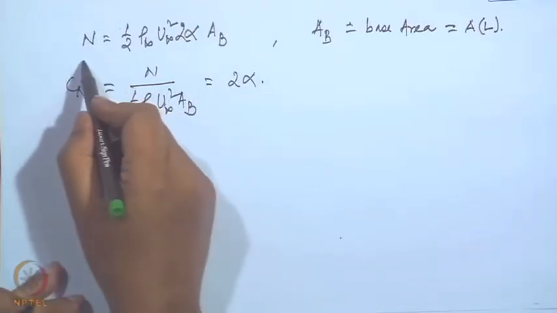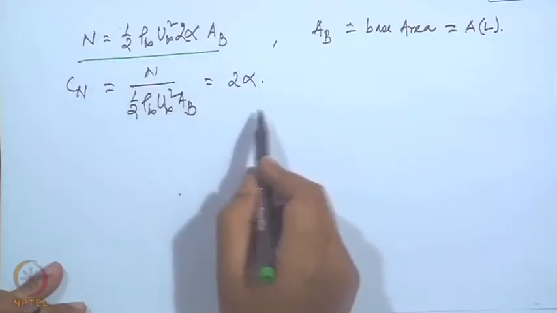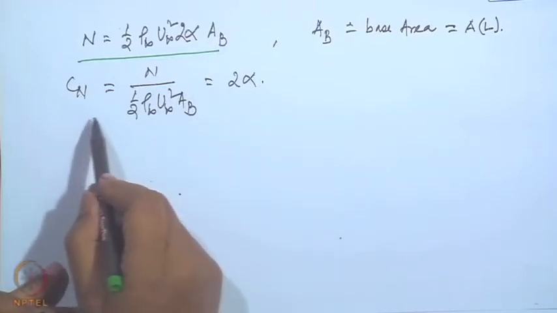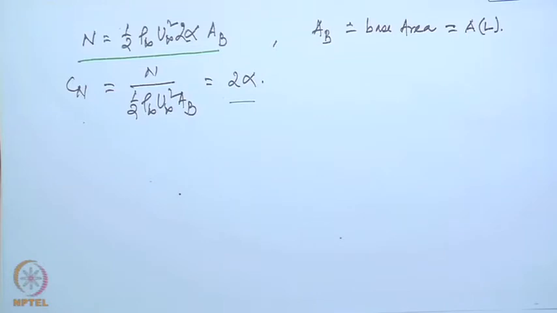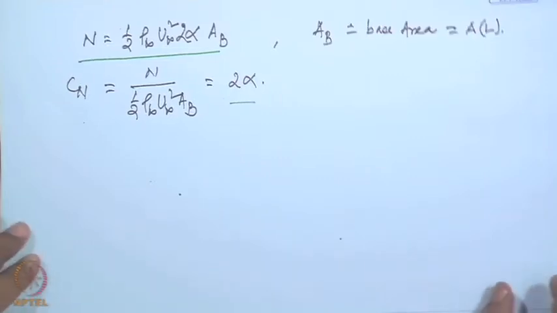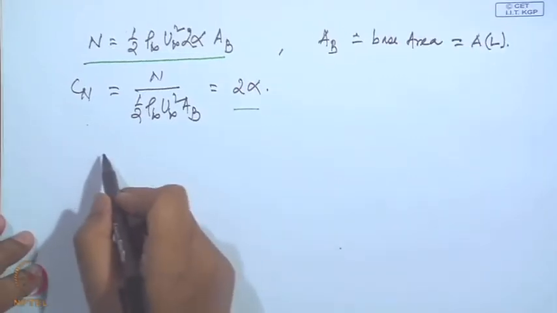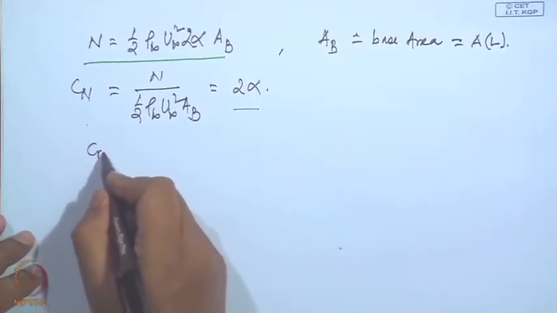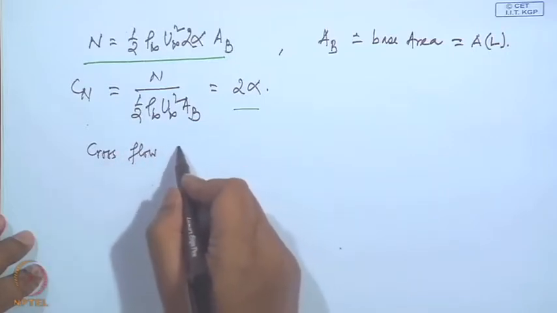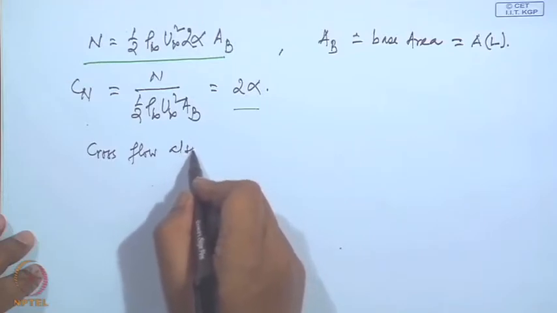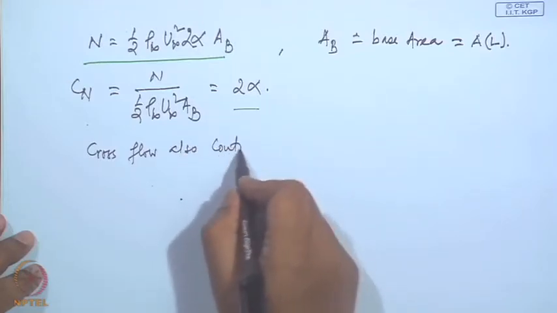So, this is the normal force contribution by the cross flow part of the pressure. This cross flow also contributes to the axial force.